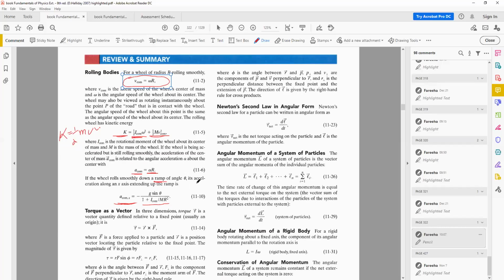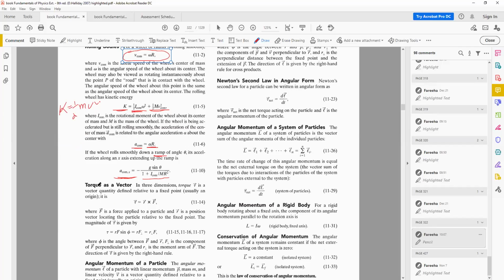Since the topics we are studying are related to rotation, in rotational motion you have the quantity torque, and this torque is similar to force in translational motion. The relationship is that torque is equal to the cross product of radius and force. So it's either the perpendicular component of the radius multiplied by force, or the perpendicular component of the force multiplied by the radius.